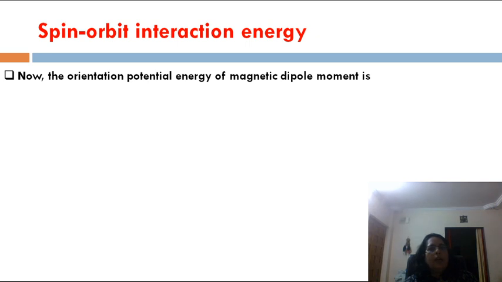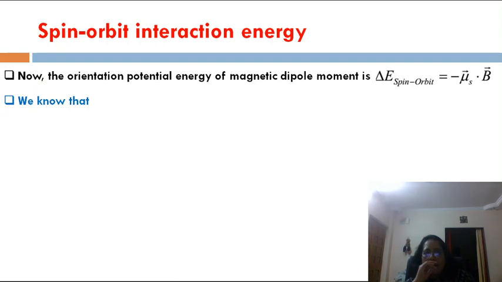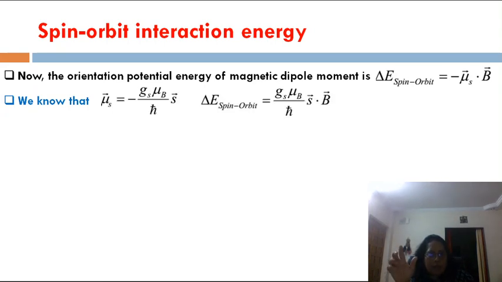Okay. Now, due to this, the spin orbit interaction energy, the orientation potential energy of the magnetic dipole moment, delta E spin orbit, is minus mu s dot B, where B is the magnetic field generated by considering the nucleus moving around with respect to the constant electron.